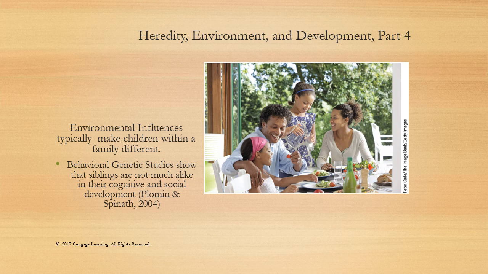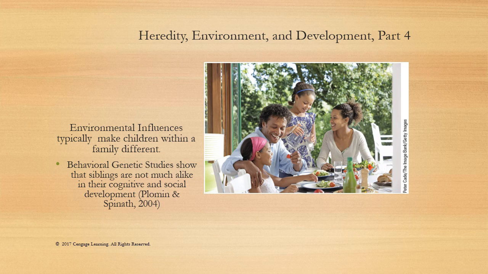Behavioral genetic studies show that siblings are not much alike in their cognitive and social development. And the reason is, just like I said, parents parent the individual child, to your strengths and your weaknesses. We're not all the same, so their styles aren't all the same. And then depending on the context of their life, think again about that historical context. Timing is everything, right?